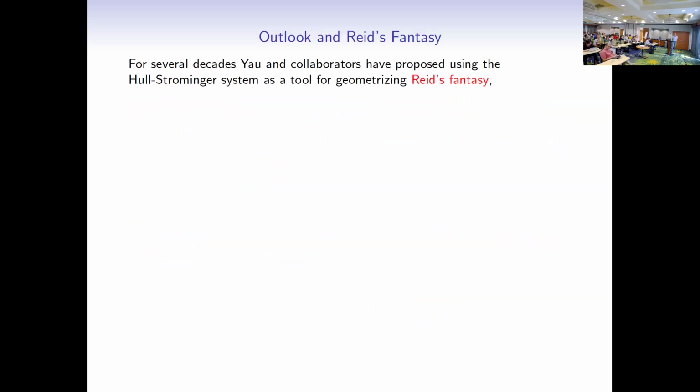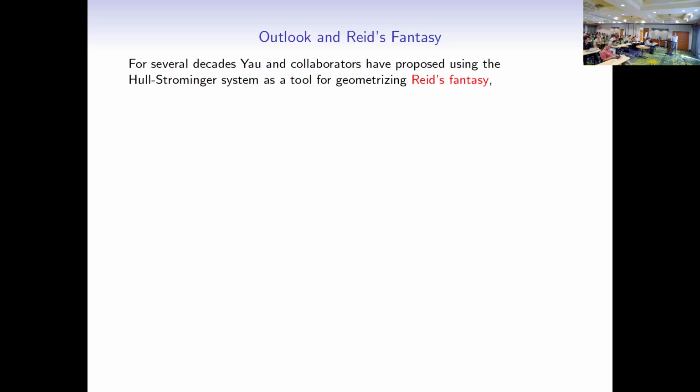making some highly speculative remarks. For many decades now, Yau and various collaborators have proposed using this Hull-Strominger system to address the so-called Reid's fantasy. Reid's fantasy is this famous old paper that suggests that the space of all complex threefolds with holomorphically trivial canonical bundle should be connected in some sense, which requires passing through these conifold transitions.